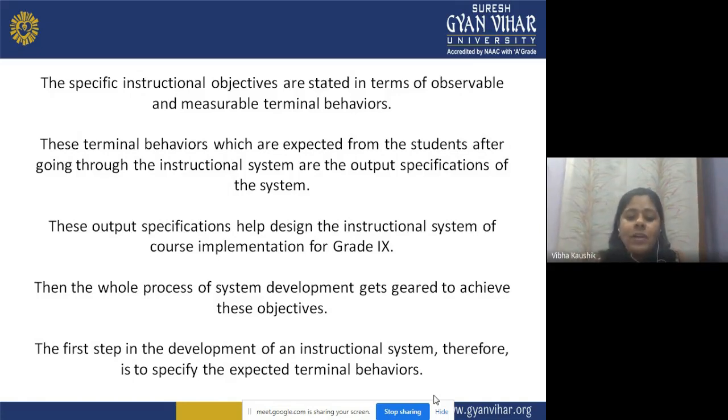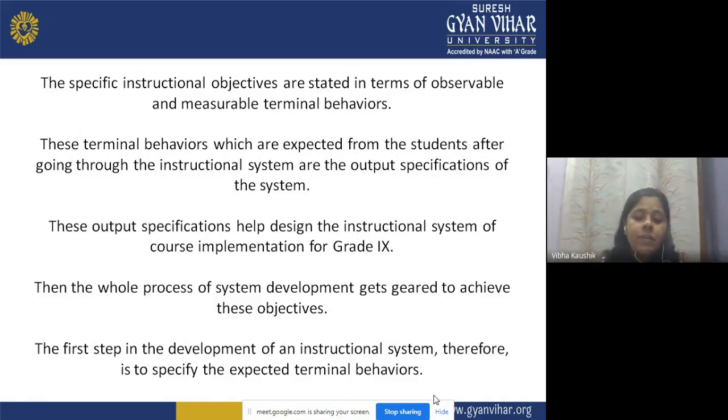Now, what is the terminal behavior? It is the behavior which describes what the learner should be able to do to demonstrate what he has learned. For example, I will give you an assignment related to the different stages of the system approach. If you are able to complete that assignment, it means that you have learned that concept.